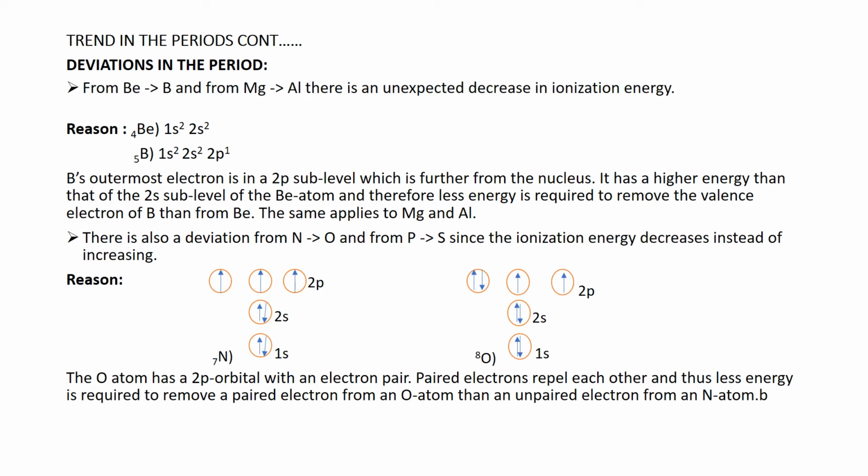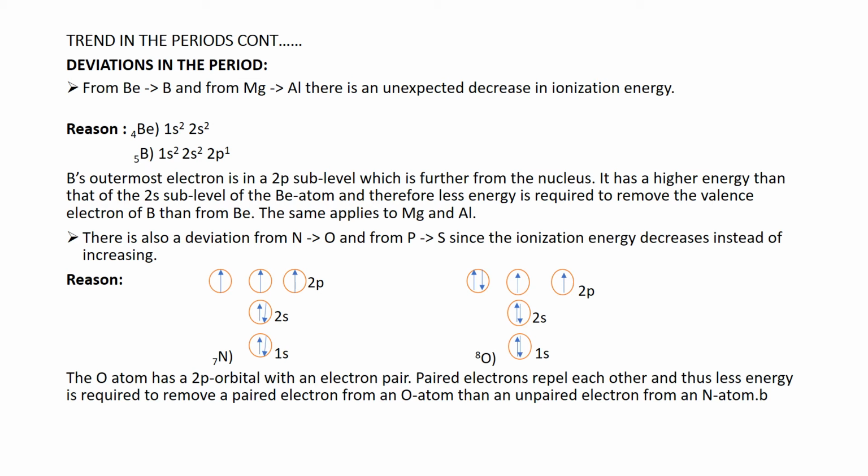The beryllium electron is much closer to the nucleus, so its shielding is much weaker than the shielding of the boron electron. The boron electron is much more shielded compared to the beryllium electron. So it is much easier to remove an electron in boron than in beryllium.